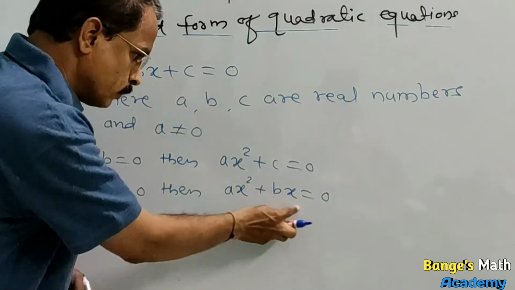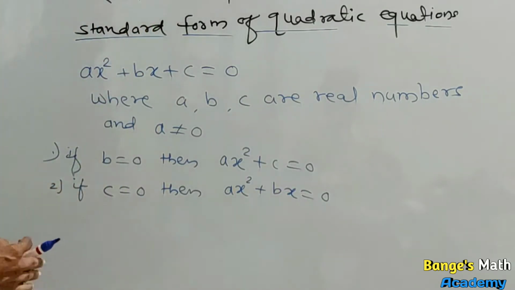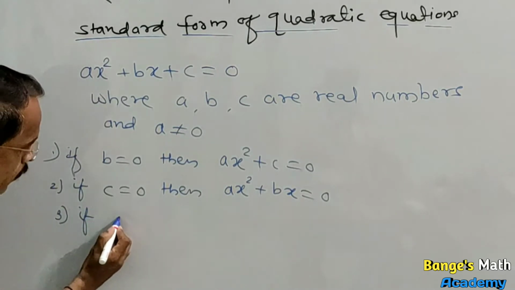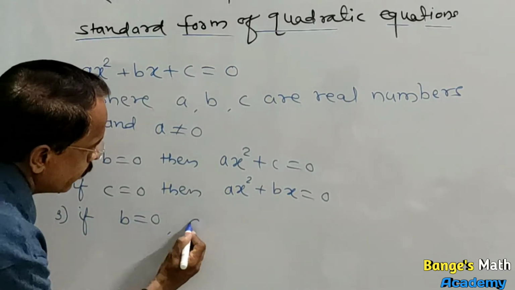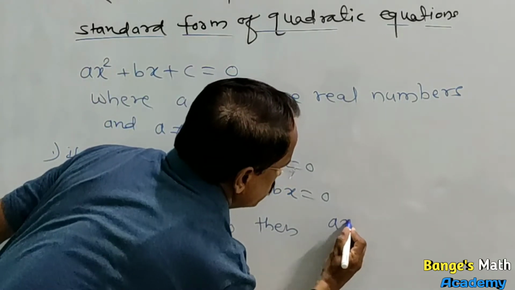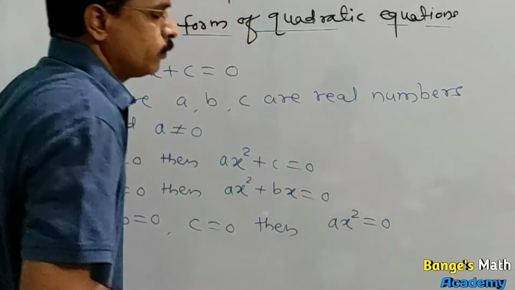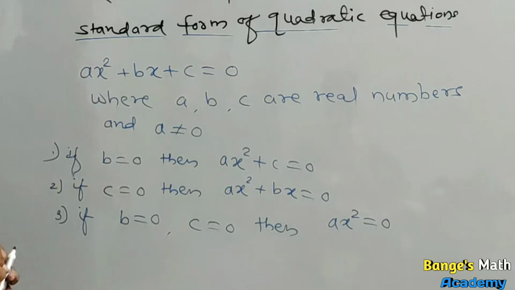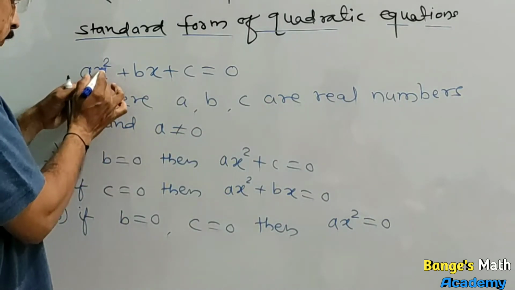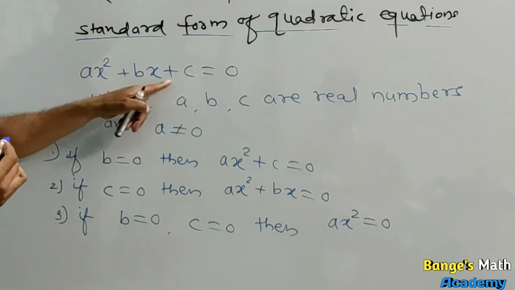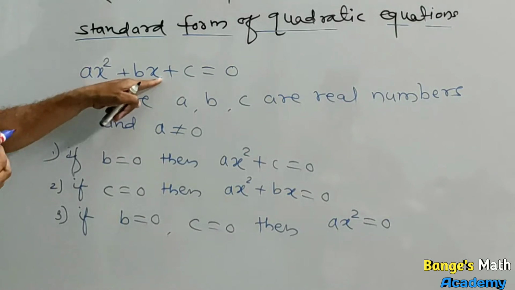This one is also a quadratic equation. If b is equal to 0 and c is equal to 0, then the equation becomes ax square is equal to 0. This is also a quadratic equation. So see, the condition is that the highest index of the variable is 2 and the equation has only one variable.